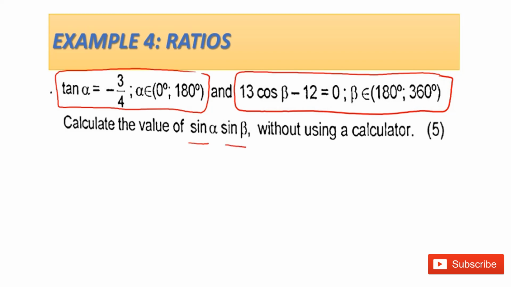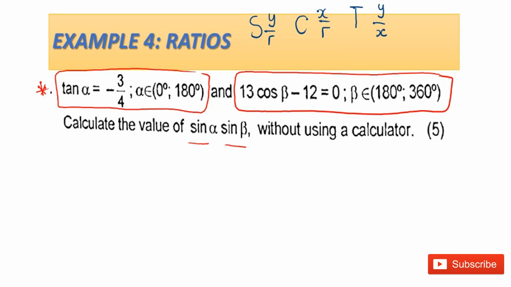Okay, so guys, we're going to start off with this section. We're given that tan of alpha is equal to negative 3 over 4. Okay, so we know that SOH CAH TOA.